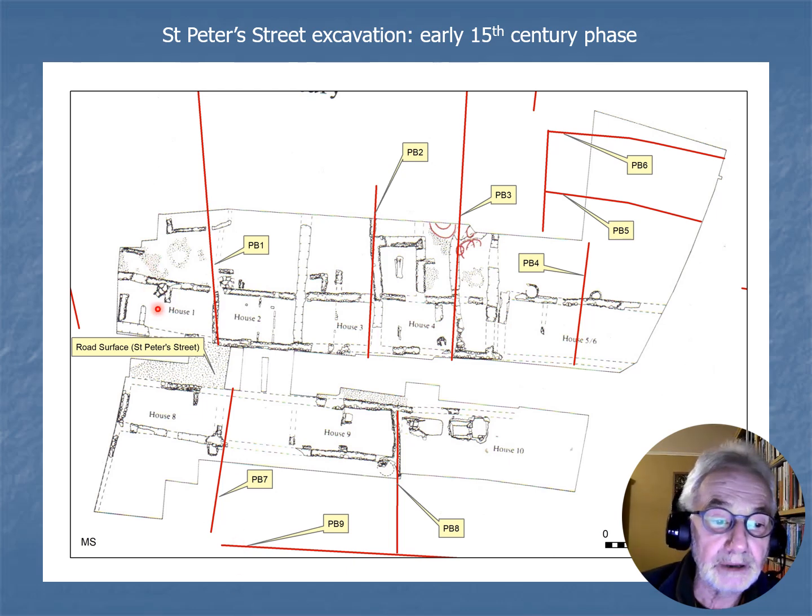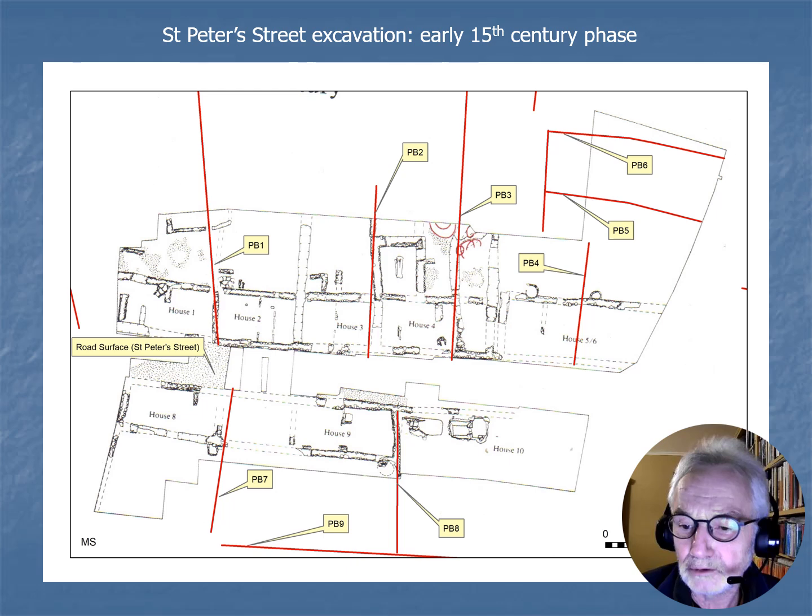The settlement pattern at this time comprised a number of stone-founded buildings set either side of the street. A widespread correspondence can be seen between the Victorian plot boundaries and the 15th century boundaries discovered during the excavations, especially PBs 1, 2 and 3 and 7 and 8.